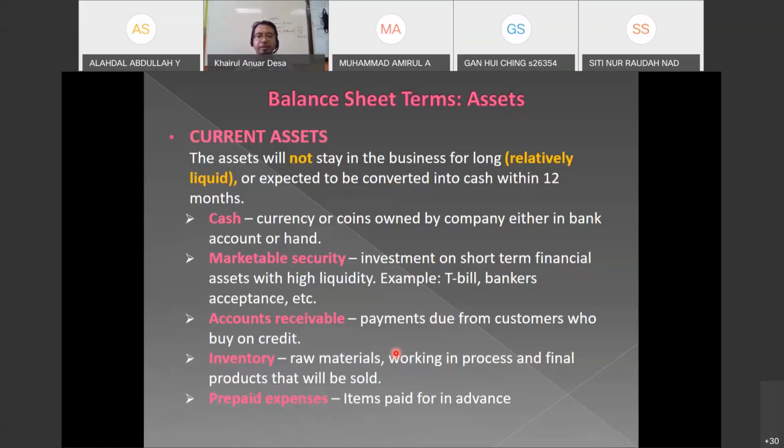We also sell in credit. When we sell in credit, maka here account receivable will exist in our company. Setakat itu boleh faham? Account receivable exists when payment is due from customer on credit. Okay, buy on credit. When we sell, the customer buys on credit. So account receivable akan wujud di dalam syarikat.